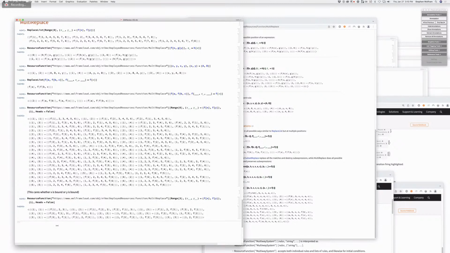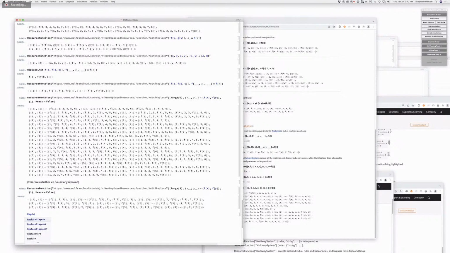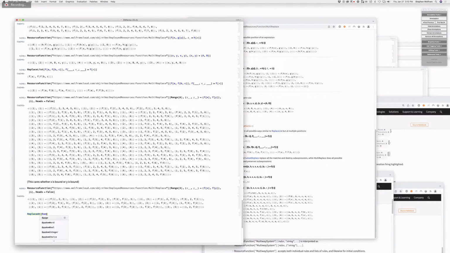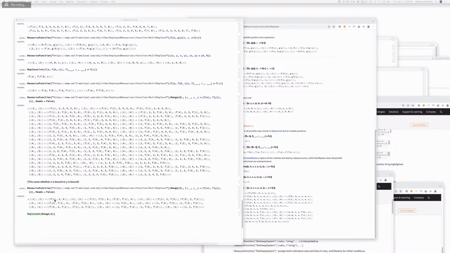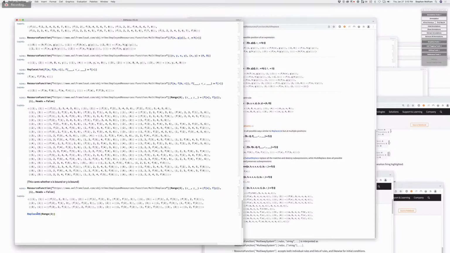What could I do on range of 3? What replace at could I do on range of 3 to get me that first result? Is it true? Wait a minute, we don't have, I mean replace part.